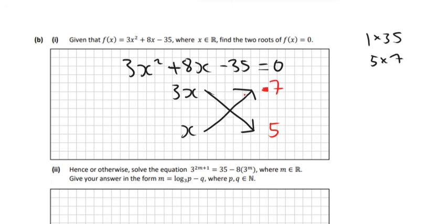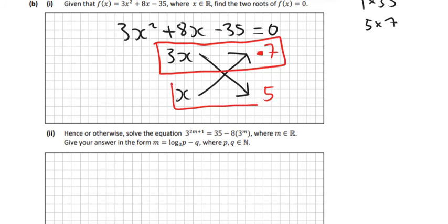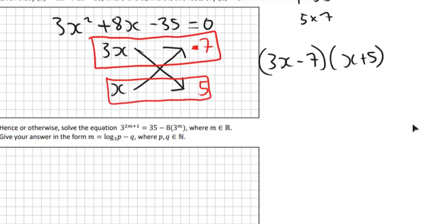Then when you're putting them into the brackets, that's going to be one bracket there. You read them across when you're putting them into the brackets, and that's going to be the other bracket. So 3x minus 7 and x plus 5, those are the brackets equals 0.